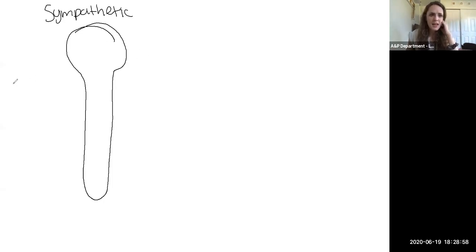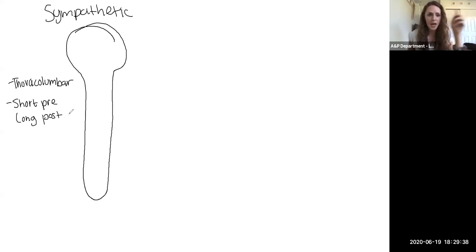Okay, your sympathetic nervous system is also called your thoracolumbar region. Sympathetic is also known as thoracolumbar. That's just because it happens from your thoracic region to your lumbar region. You have in your sympathetic nervous system short preganglionic fibers, long postganglionic fibers.